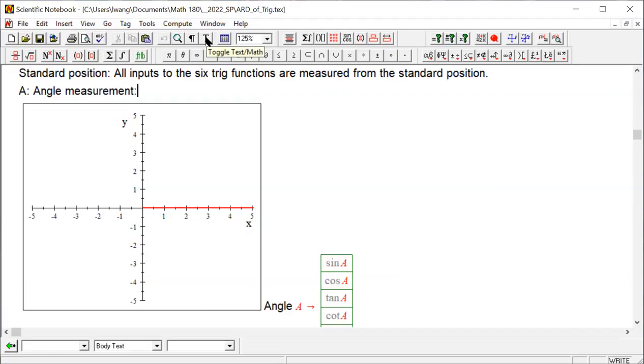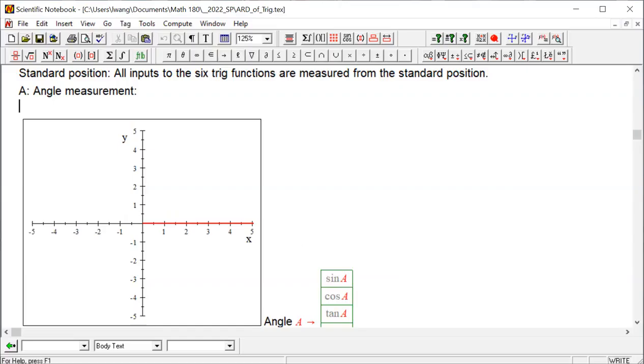What does that mean? If the angle is measured from the standard position counterclockwise, that angle will be called a positive angle. If the angle is measured clockwise, that will be called a negative angle. So positive angles, positive sign, are for angles measured counterclockwise.